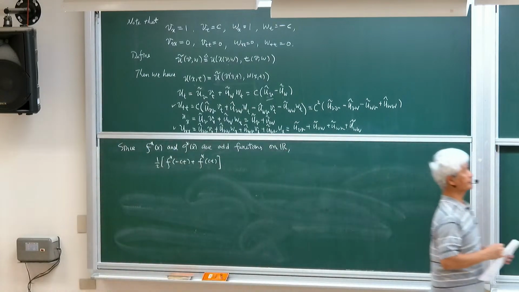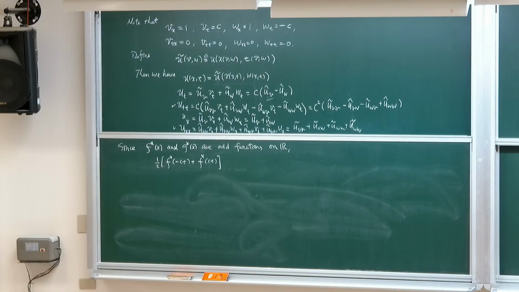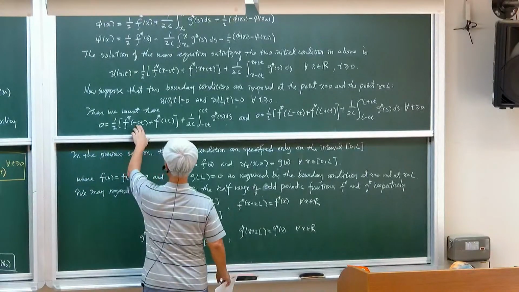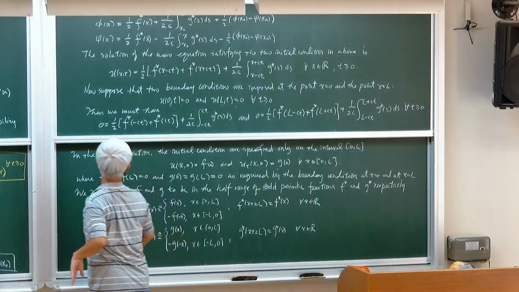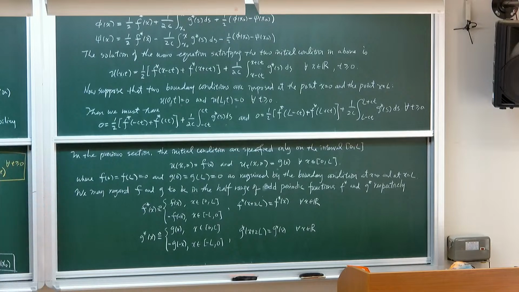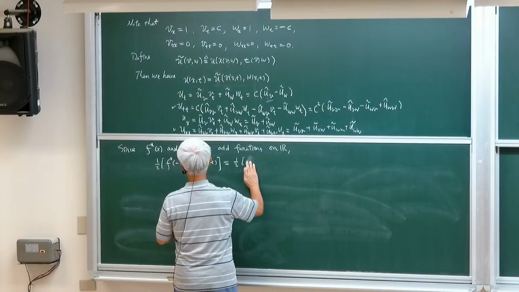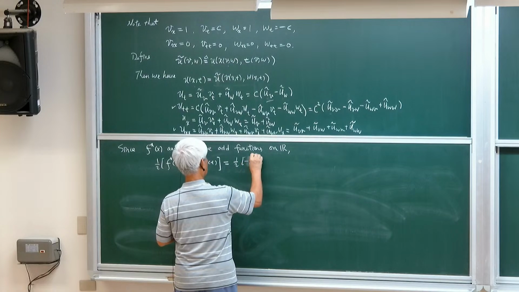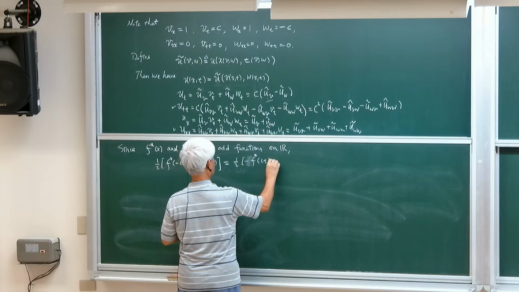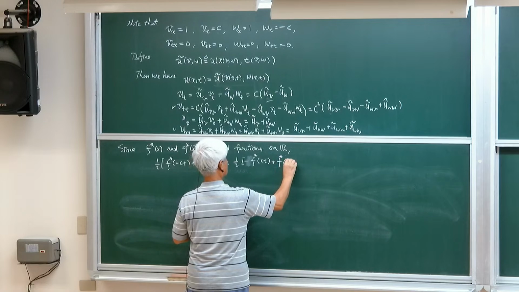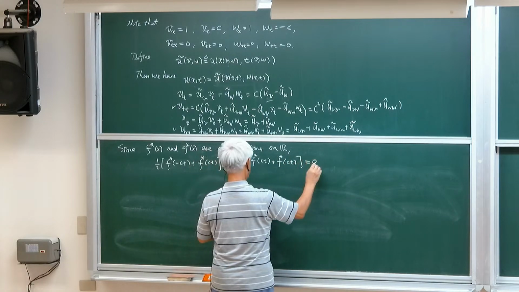We check that f star of minus ct plus f star of ct, this is one half. Because it is an odd function, this is equal to minus f star ct plus f star ct, so this is 0.